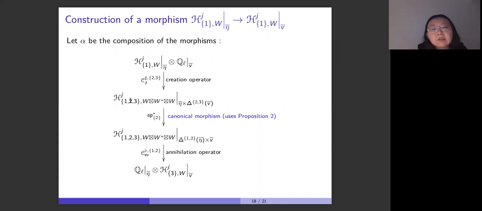They are both on V bar. And for the second leg, we give it the representation dual of W. For the third leg, the representation is the same as W.